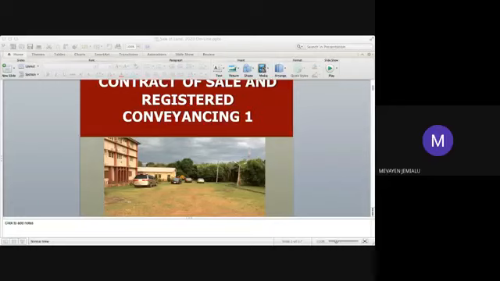And the fourth limitation under the Land Use Act is as it affects the quantum of land that an individual can hold in urban areas where land is developed. When the piece of land is developed, by virtue of Section 6 sub 2 and Section 34 sub 6 to 8 of the Land Use Act, there are restrictions as to the quantum of interest in land that you can acquire.